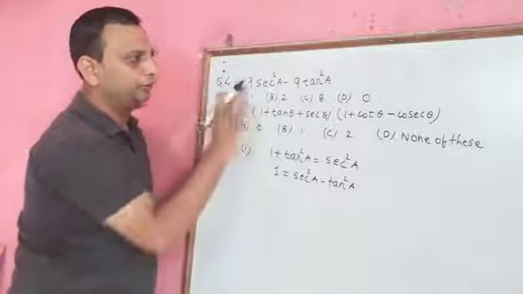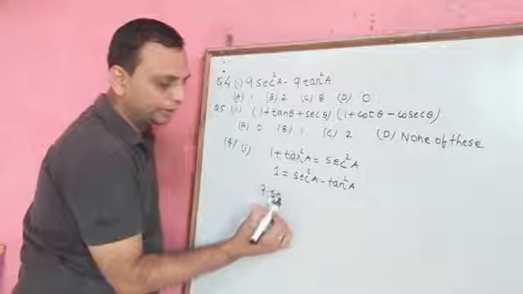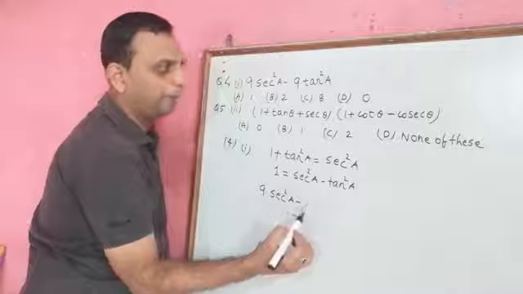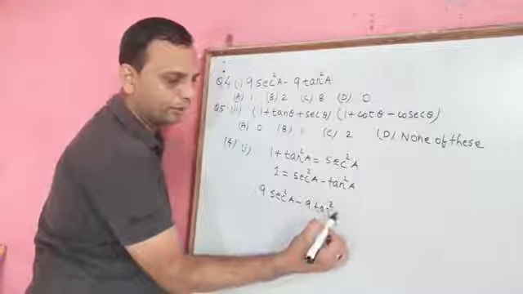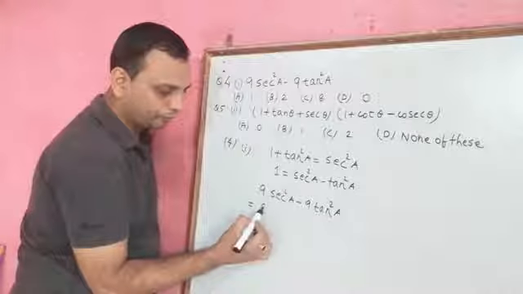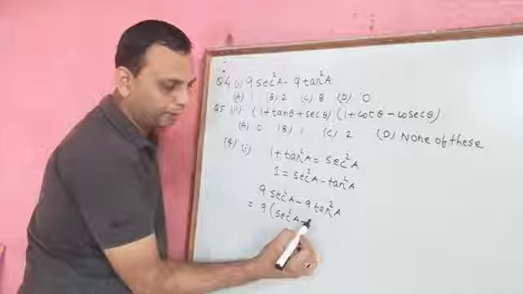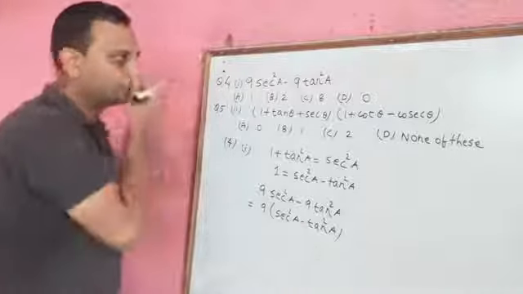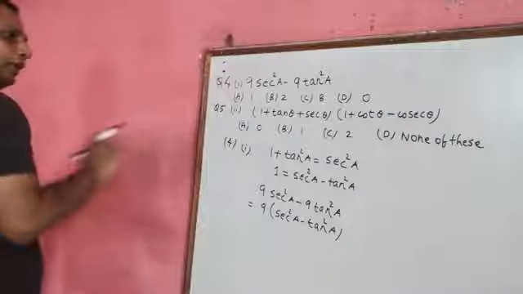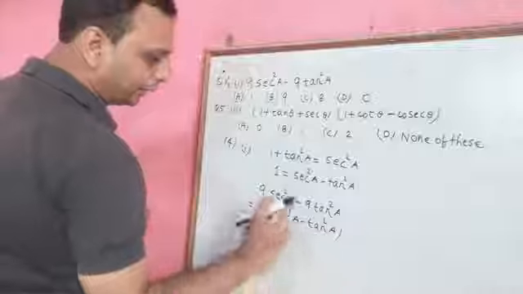Now we'll read the question. In the question it is said 9 sec square a minus 9 tan square a. We'll take the 9 common: 9 times sec square a minus tan square a.